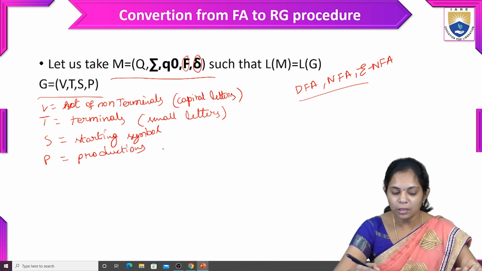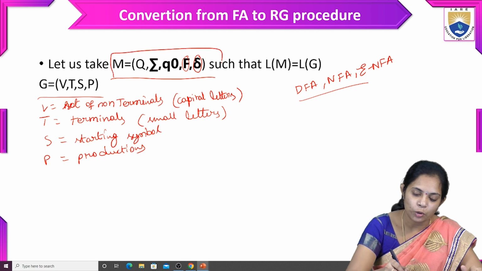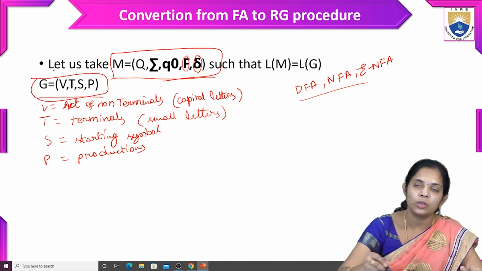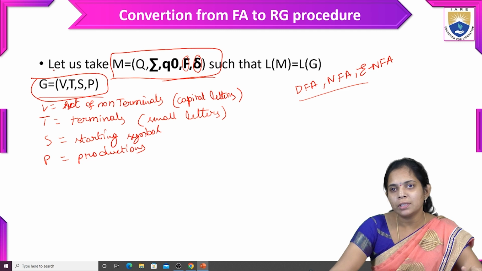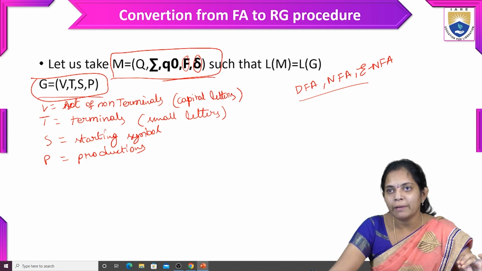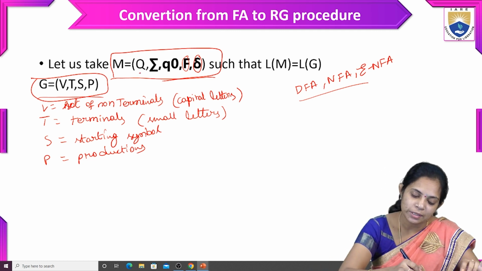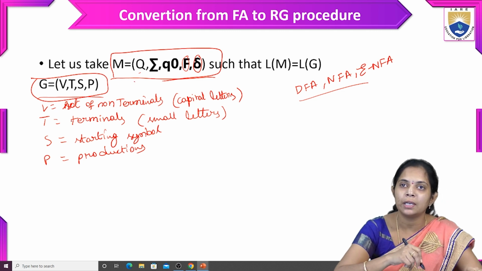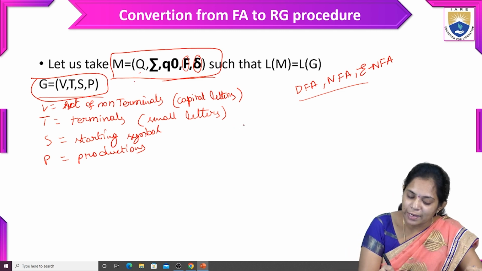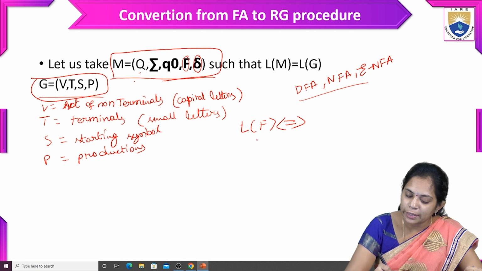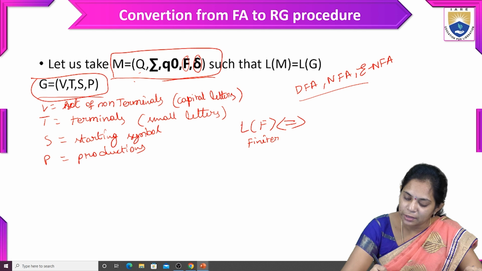So here this is a finite automata and we have to convert that into a regular grammar. So what is the procedure? Here we have to equalize this finite automata onto a regular grammar. So there is an equivalency between the finite automata and regular grammar, that is RG.